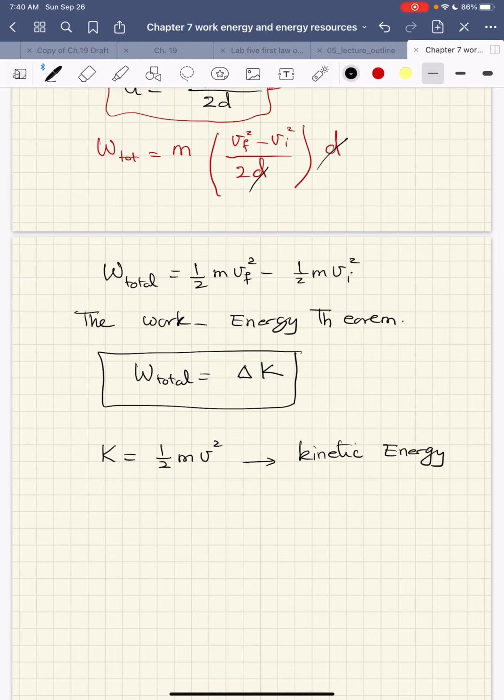Kinetic means motion, which means this is the energy of motion.